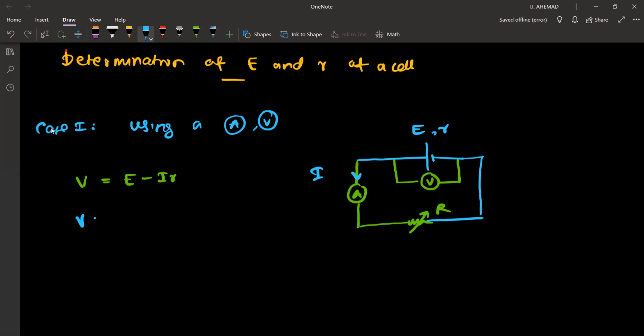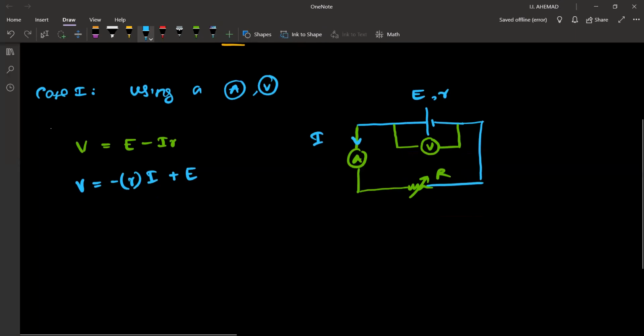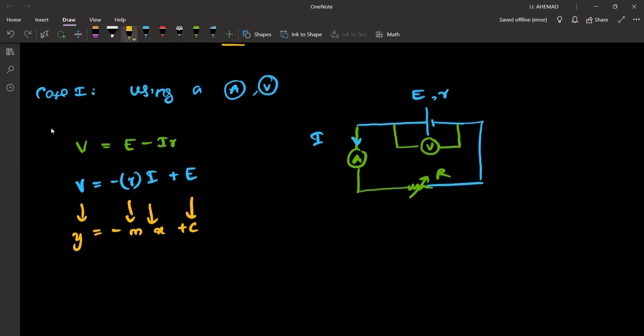So we have V is equal to minus rI plus E. So that is in the form y is equal to minus mx plus c.